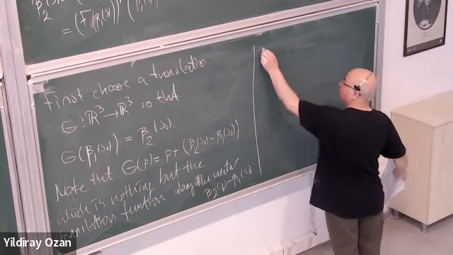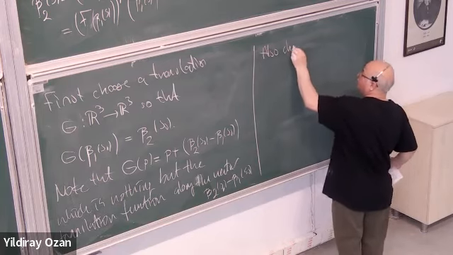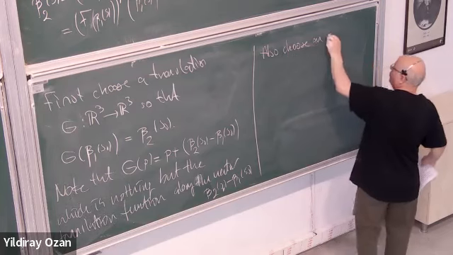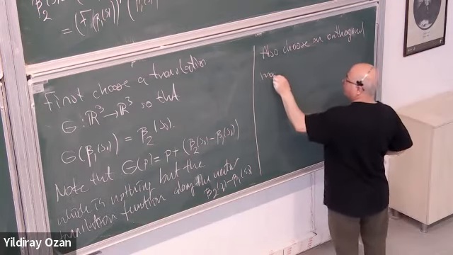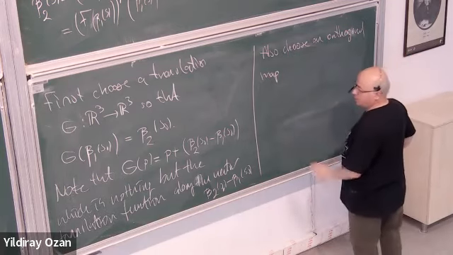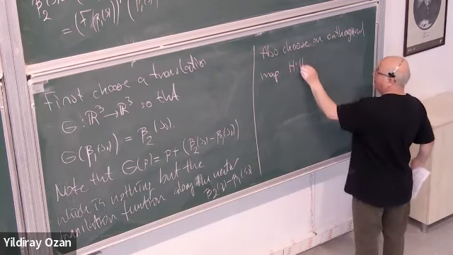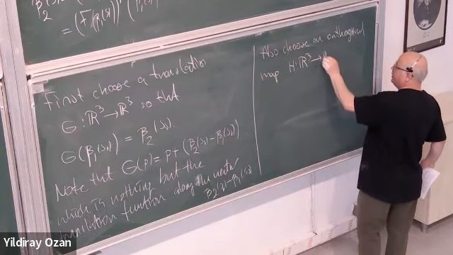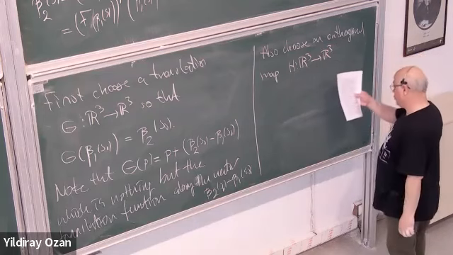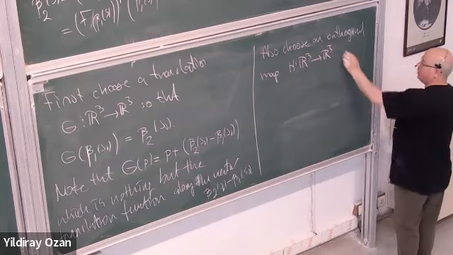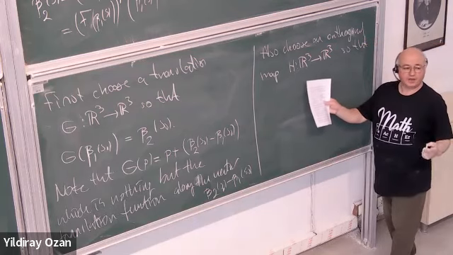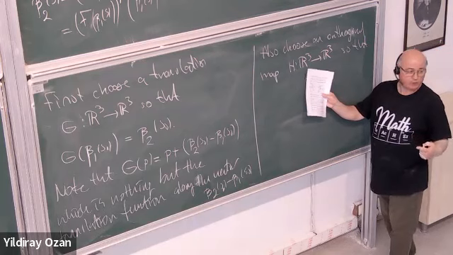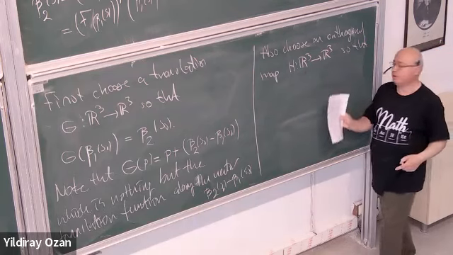Okay, also choose an orthogonal map H from R3 to R3. So it's an orthogonal linear map, so that it maps the Frenet frame of the first curve to the Frenet frame of the second curve.